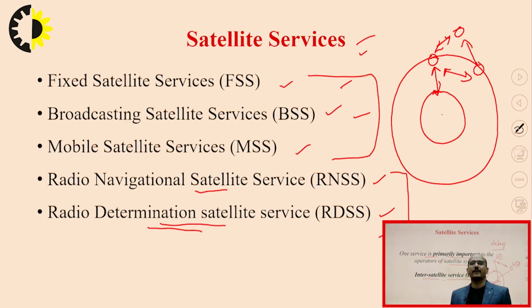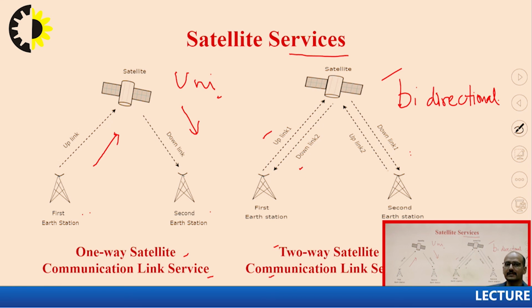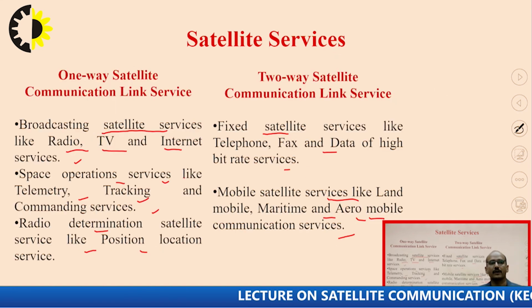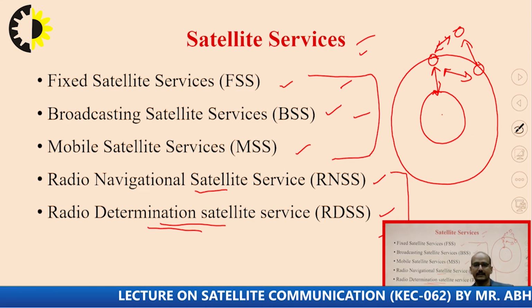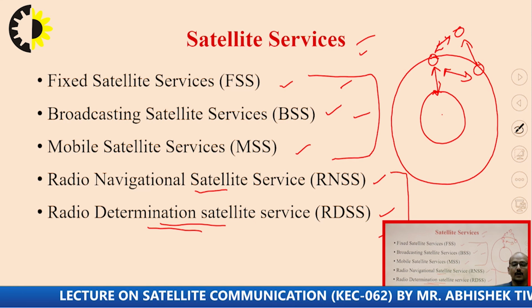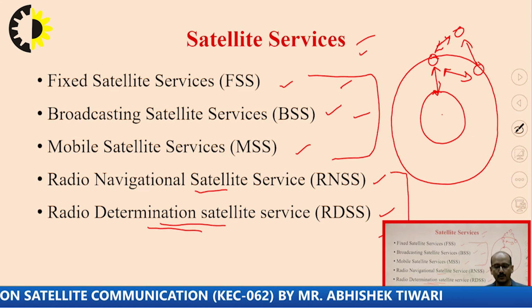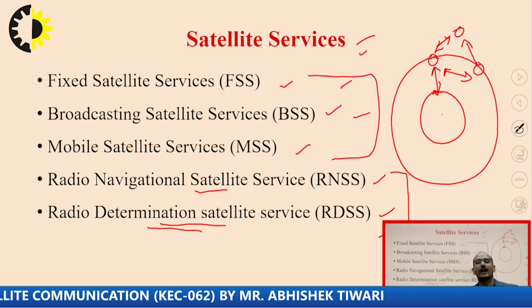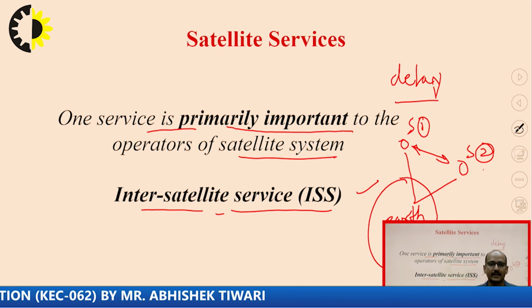If I want to sum up all these, satellite services are divided into two types: one-way satellite link or two-way satellite link. As per that one-way and two-way, they are broadly classified into 5 types: FSS, BSS, MSS, RNSS and RDSS. For the communication between two individual satellites placed in the outer orbit of the earth, they are using inter-satellite services.